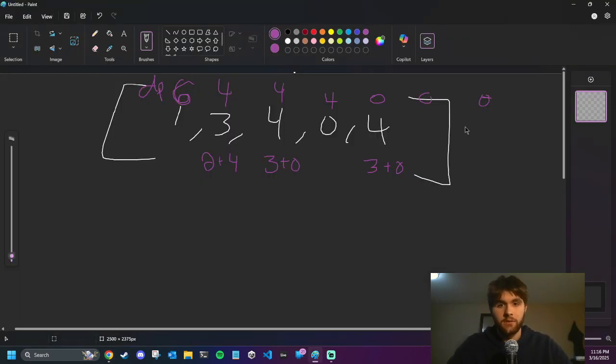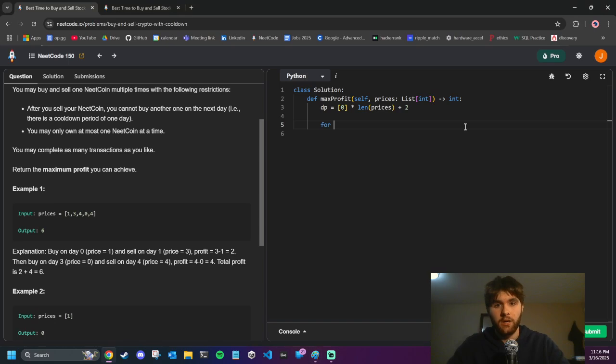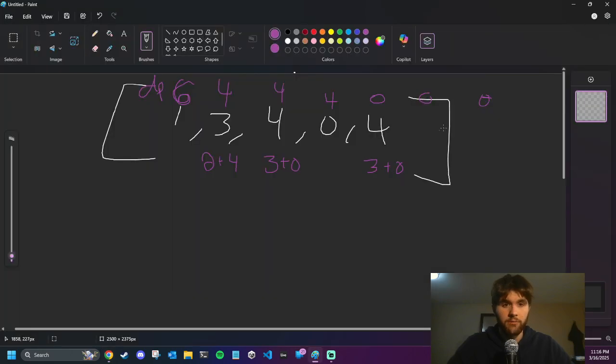Okay. So now what I want to do is say i equals 0 while i is greater than length of prices. So this would be a normal while loop, but I actually want to loop backwards. Can I just do a for loop here?